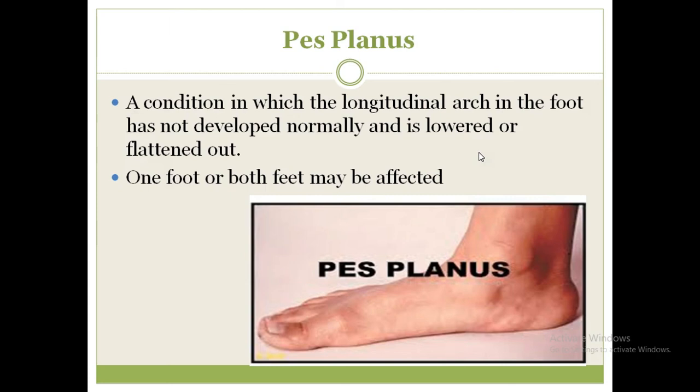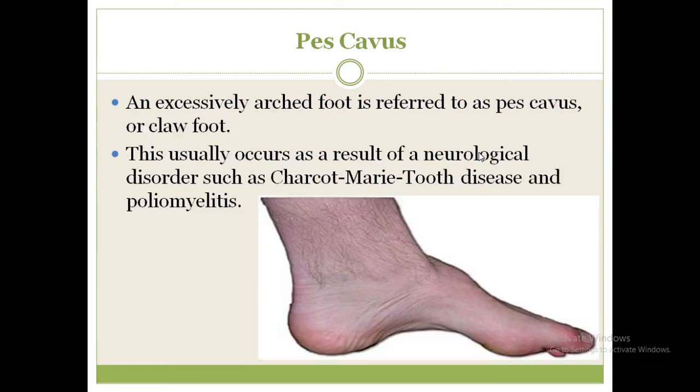So actually what happens in case of pes planus is that the longitudinal arch, that is the medial or the lateral longitudinal arch, either is not developed properly or is lowered or flattened. That is, it is present but it is low as compared to the normal, or it might be flat, and it would affect either one foot or both feet.